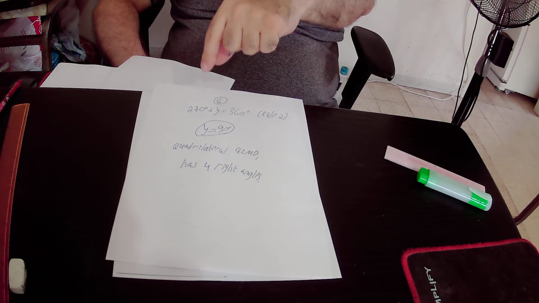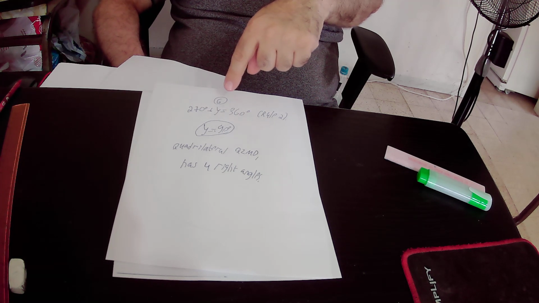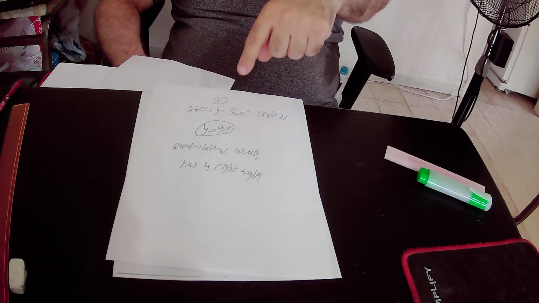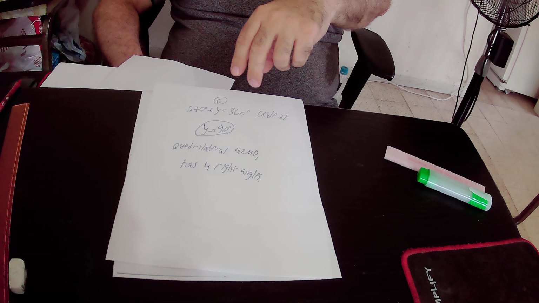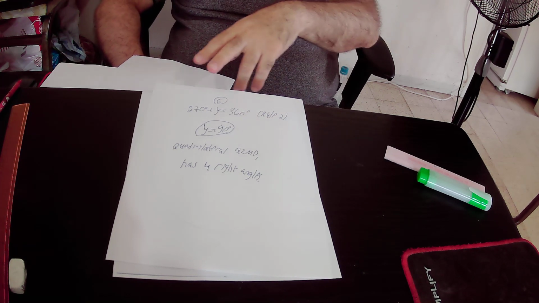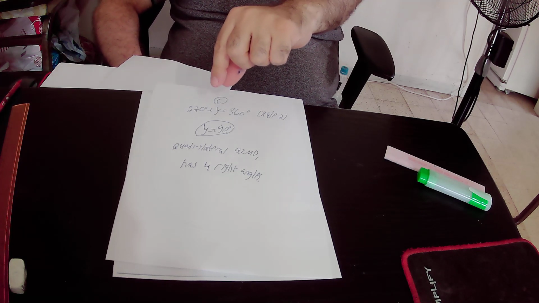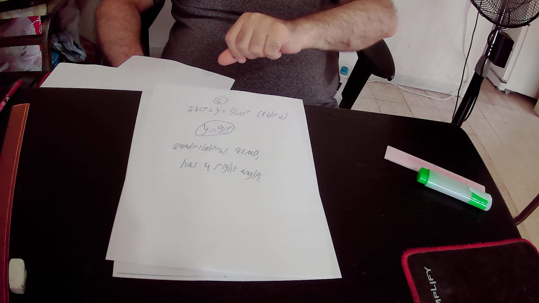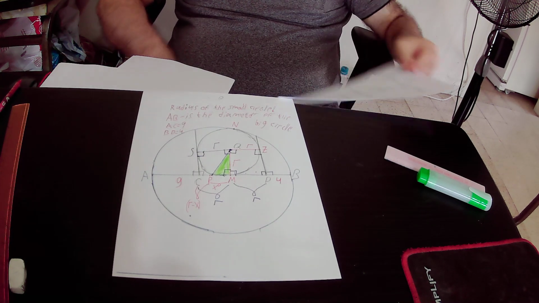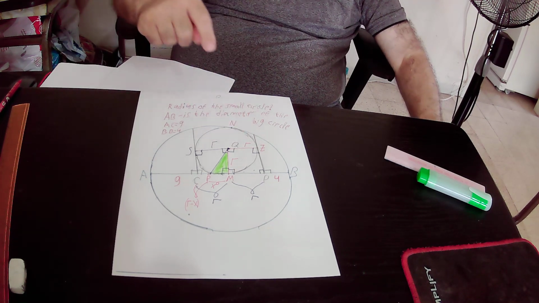That is to say, the sum of the 3 angles, that is 270 degrees, plus the size of the fourth angle, must be equal to 360 degrees. We subtracted 270 degrees from this equality, and we found that y, that is the size of the fourth angle, equals 90 degrees. So actually this angle equals 90 degrees.